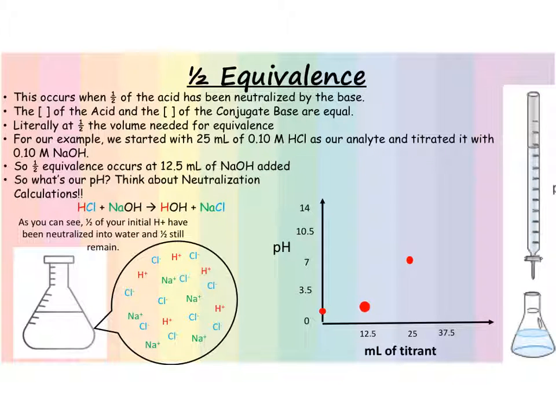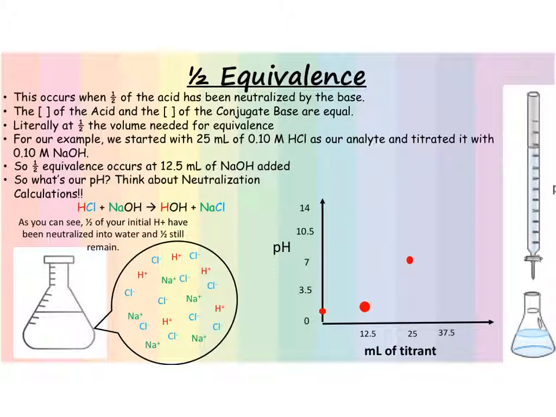Okay, the next important point on a titration curve that you need to know about is called the half equivalence point. This is a super important point because this is the place where half of your acid has been neutralized by your base. So for that reason, the concentration of the acid is equivalent to the concentration of the conjugate base.